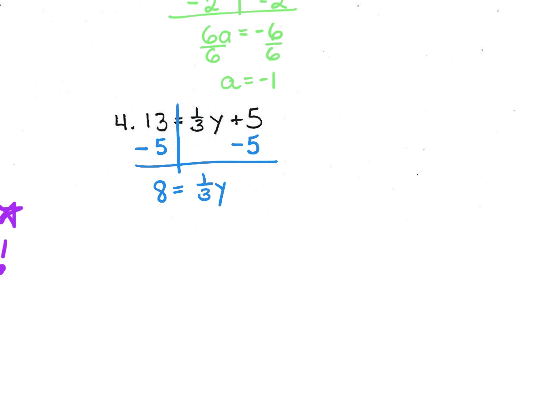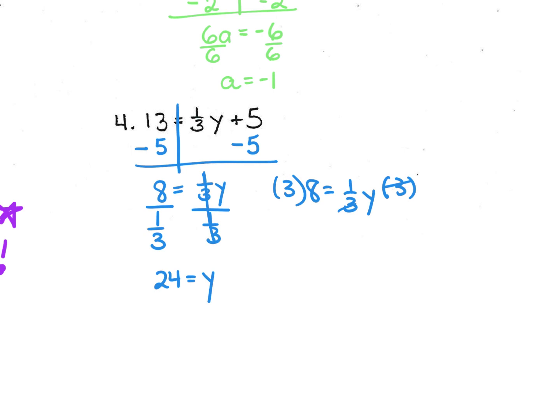From here, I can divide by 1/3 on both sides of my equation. I can also multiply by 3 on both sides of the equation because 1/3 of 3 will cancel out to 1. Either way, we get 24 equals y as our answer.